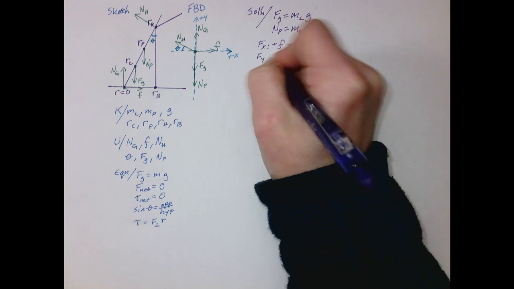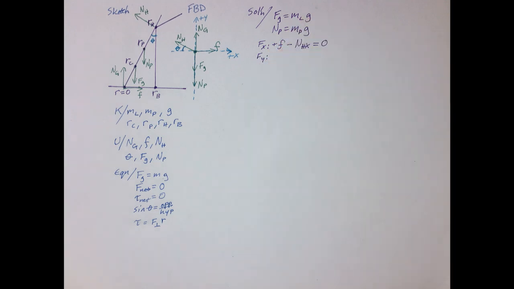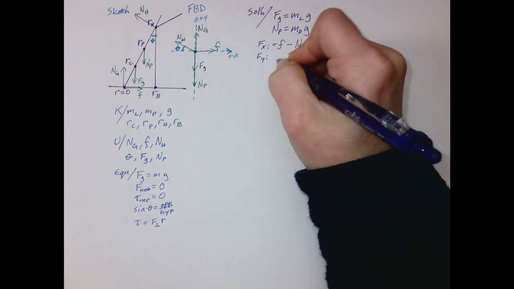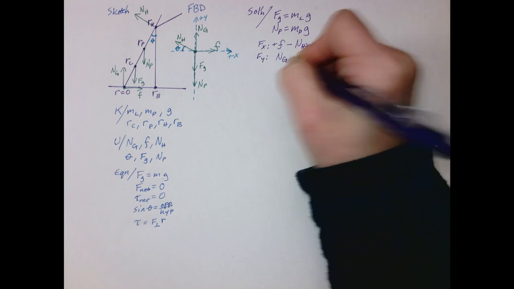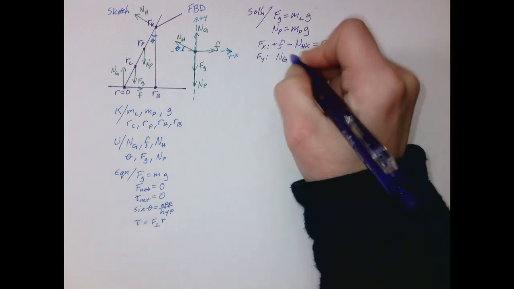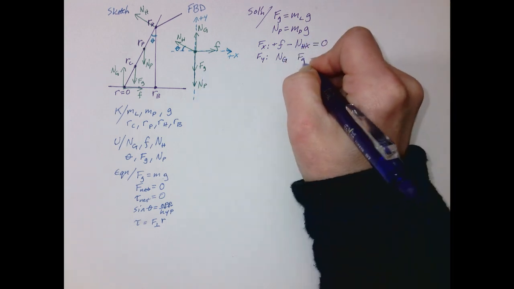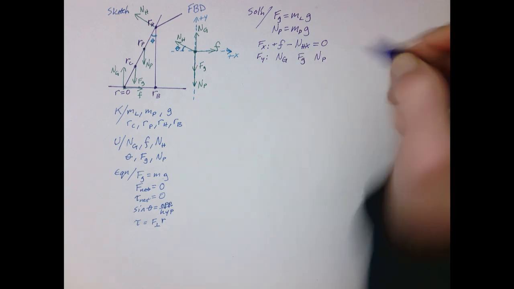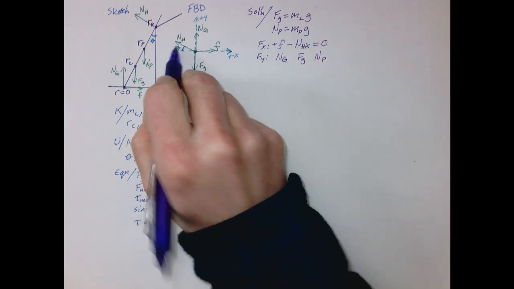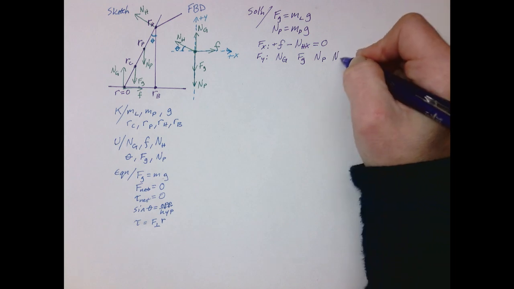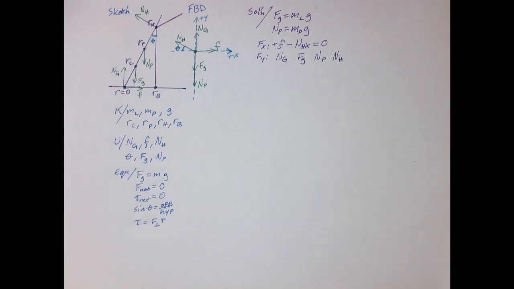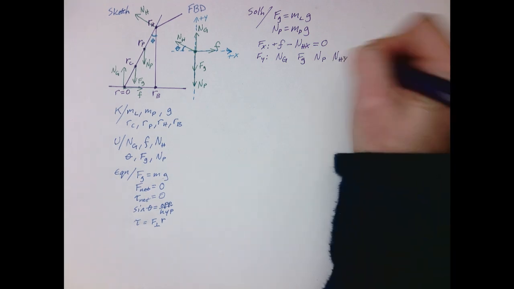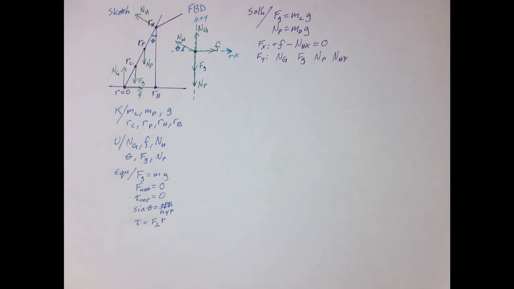Next, we'll look at forces in the y direction. We have the normal force from the ground, N sub g. We have the force due to gravity, F sub g. And we have the normal force from the person standing on the ladder, N sub p. We also have a y component for the normal force from the house, and we'll make that N sub h y to show that's only the y component.